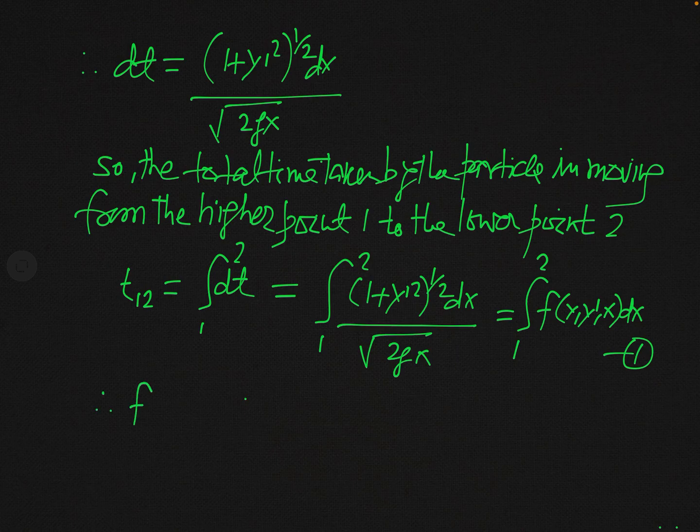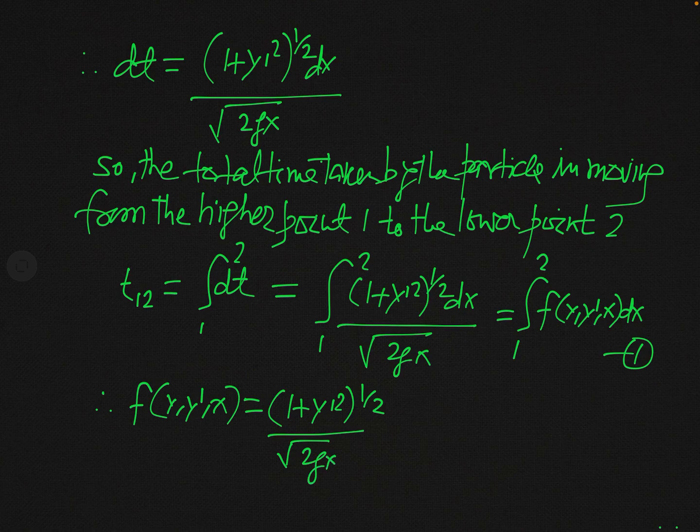Therefore you can say this f of y prime, x is equal to (1 plus y prime square) whole to the power half over root over 2gx, and we can write this as (1 plus y prime square over 2gx) whole to the power half. So this is the functional f.